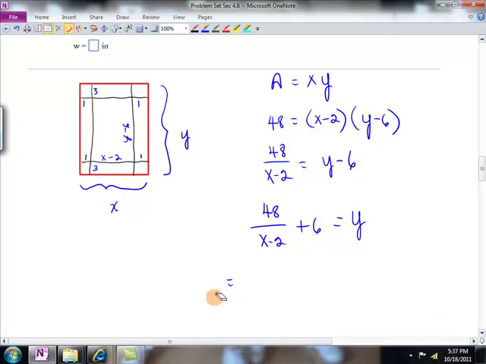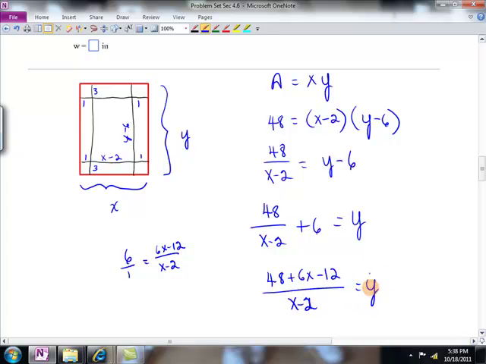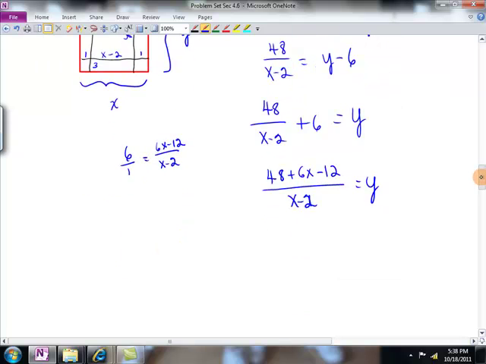Okay, before we do the area, let's go ahead and get this all as one fraction. So if I want this to be over x minus 2, change 6 over 1 into something with that as the denominator, I'm going to have 6x minus 12 up here. So this is 48 plus 6x minus 12 all over x minus 2. That equals y. Now I'm going to substitute that y right here for my area.